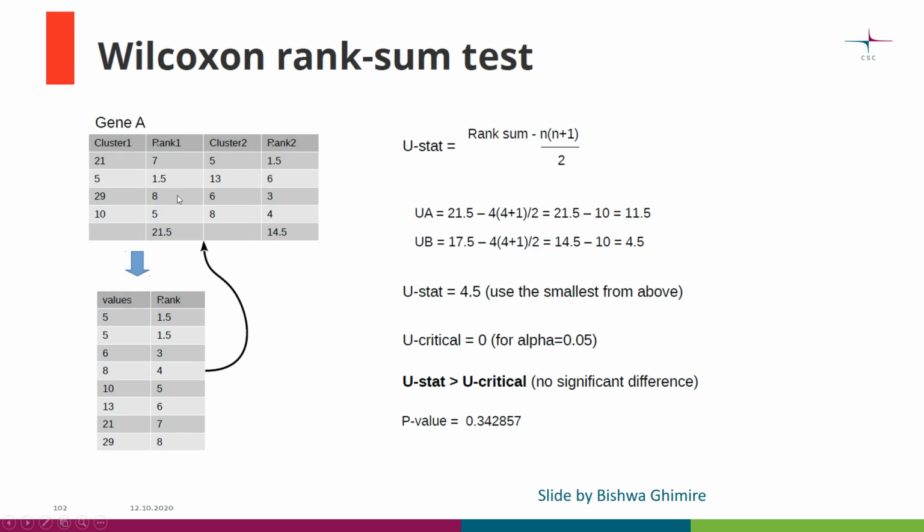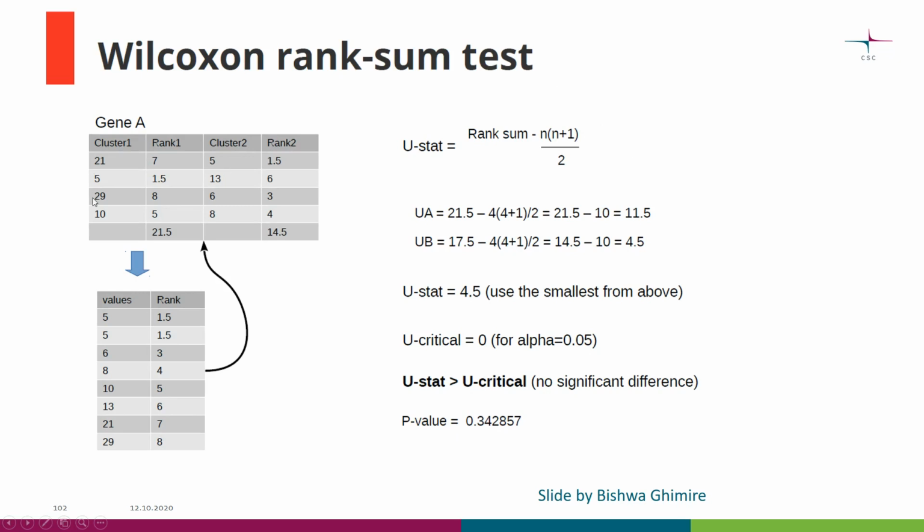Afterwards, we effectively replace the expression values by these rank values, and then we calculate the sum of the rank values for each cluster. Then we insert these rank sum values into the formula. So the U statistic is calculated like this. There is the rank sum, and then there is a number that is proportional to the number of gene measurements in that cluster.